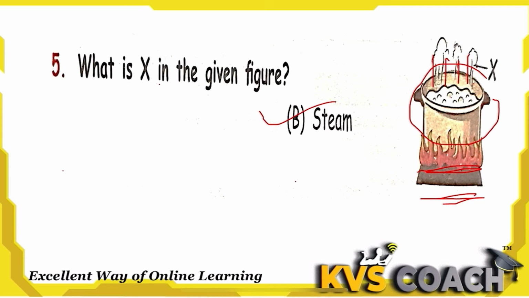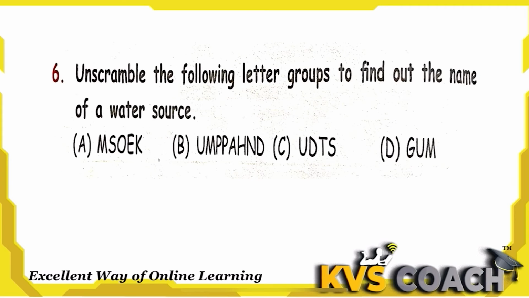Next is: unscramble the following letter groups to find the name of a water source. Option A, unscramble, that is smoke, S-M-O-K-E. Option B is hand pump, H-A-N-D-P-U-M-P.